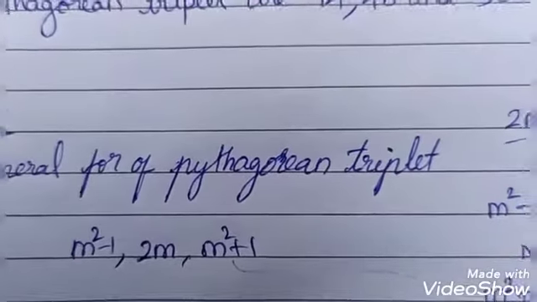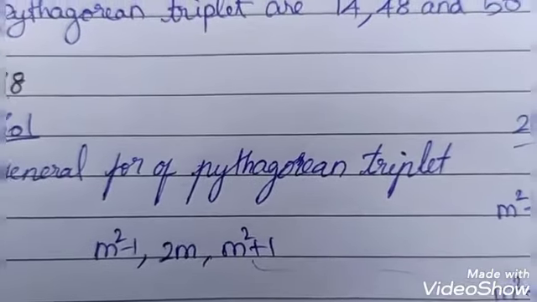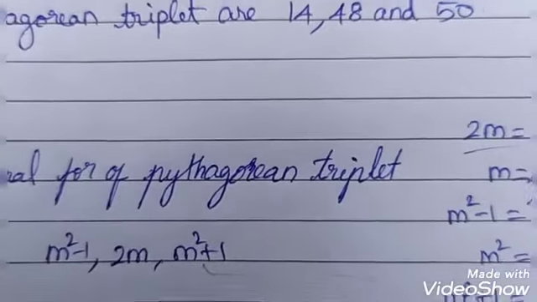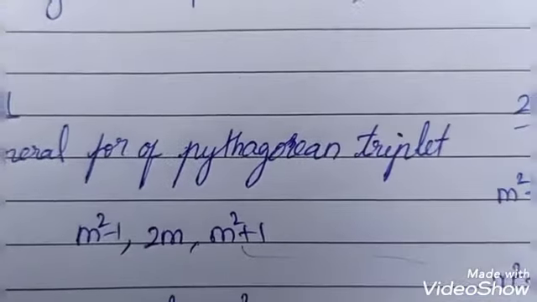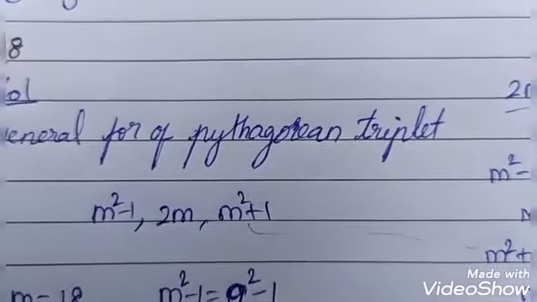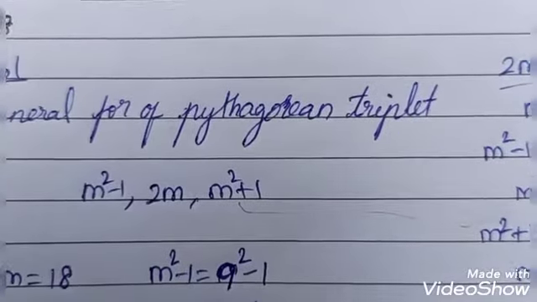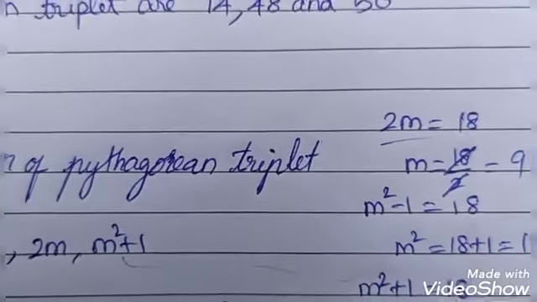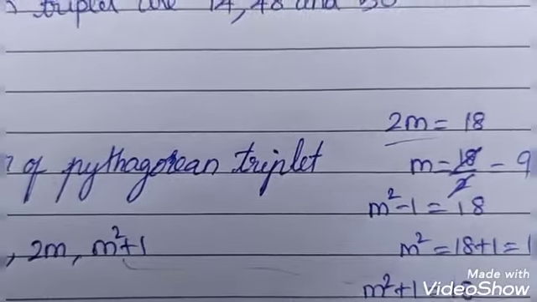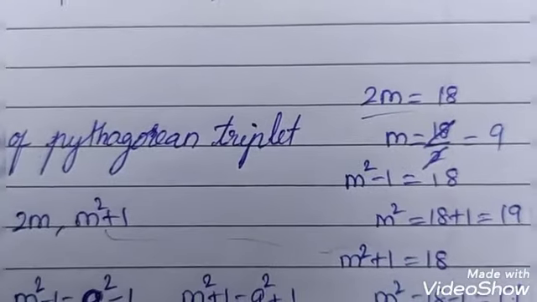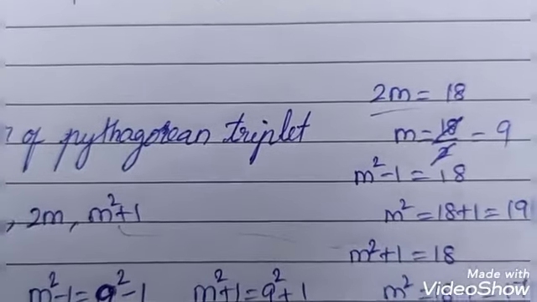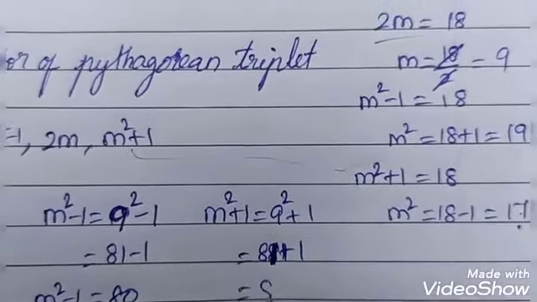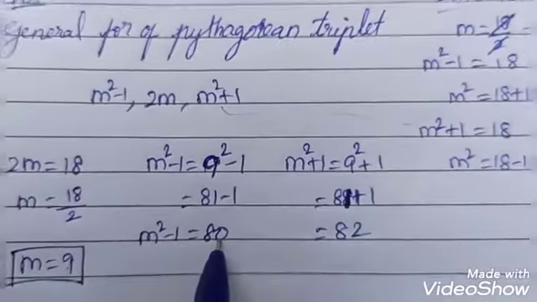Next I take m square minus 1 equal to 9 square minus 1. 9 9s are 81, minus 1. So m square minus 1 equals 80. And next, m square plus 1 equals 9 square plus 1, 81 plus 1, 82. So 9, 80, 82.